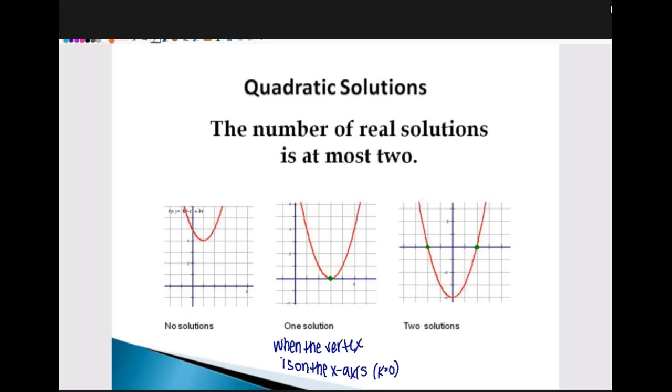Case 3 is when the graph crosses twice, giving 2 solutions. So none, 1, and 2.